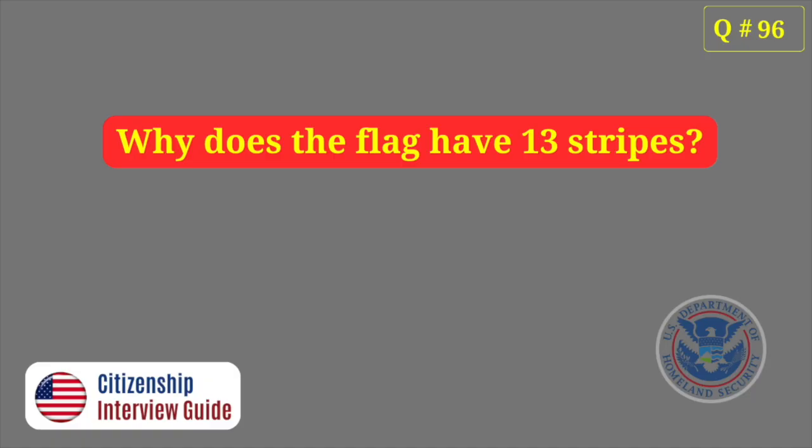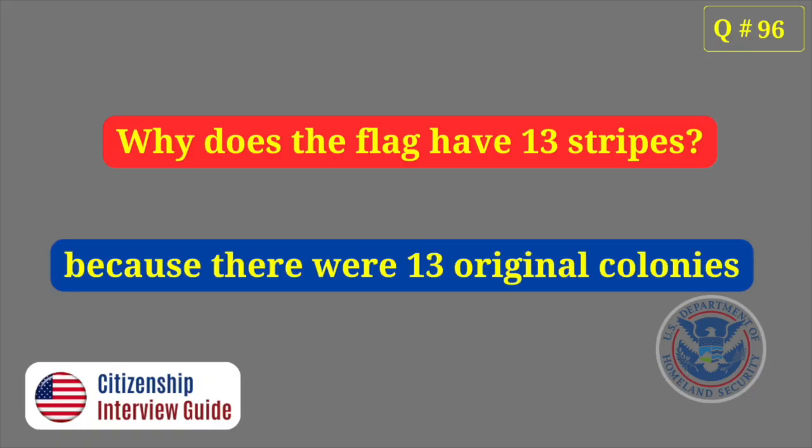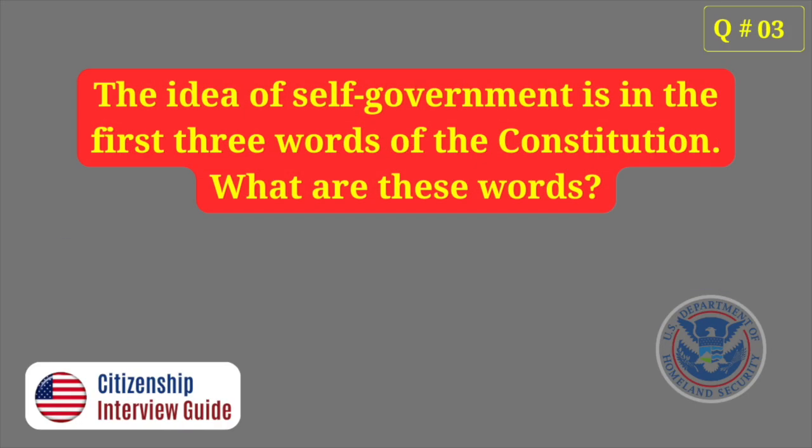Why does the flag have 13 stripes? Because there were 13 original colonies. The idea of self-government is in the first 3 words of the Constitution.